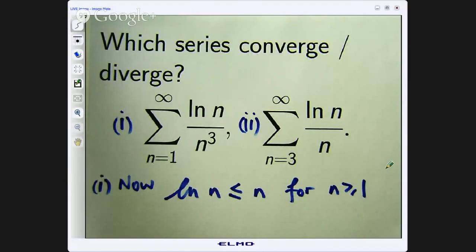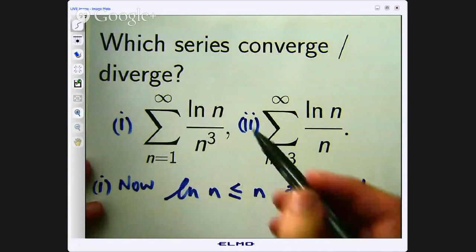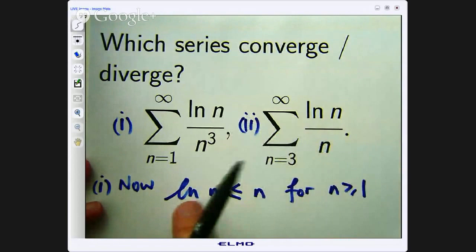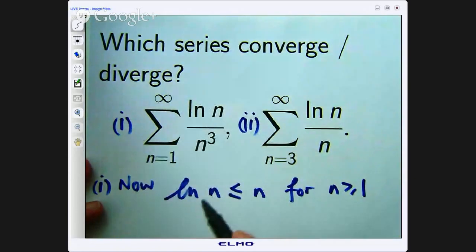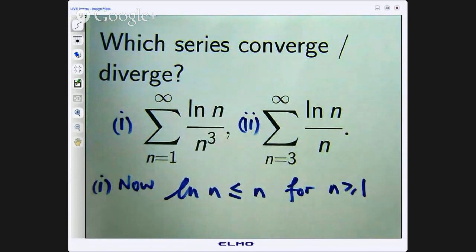Now, starting from that basic inequality, what I want to do is get this left-hand side to look like this summand. So what I can do is divide both sides by n cubed, and n's positive, so I don't need to worry about which way the inequality sign's going to go.